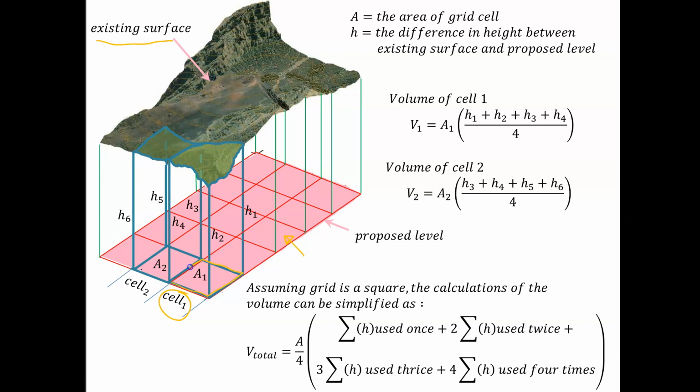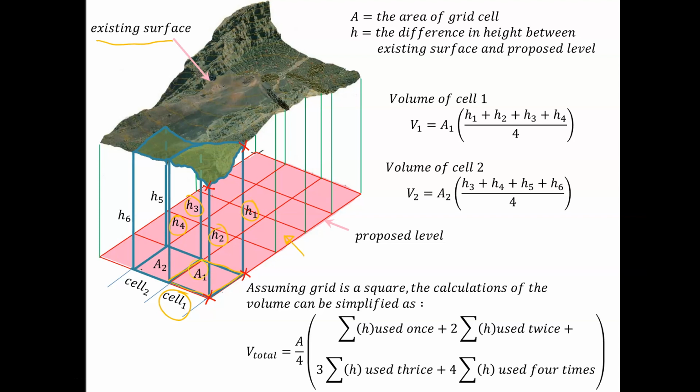I've got a grid area, A1, and I've got height differences, H1, H2, H3, and H4, which are the difference in height between the existing reduced level there and the proposed reduced level there. So the difference between existing and proposed gives me the little h1 to h4.